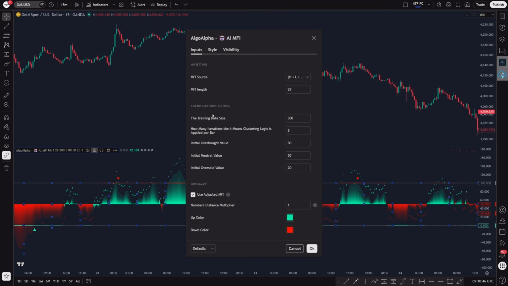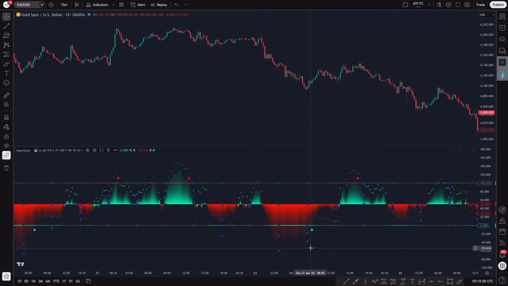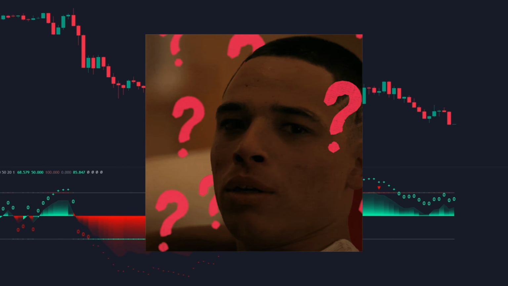The setting that is most relevant was the MFI length. Default is 14, but I moved it to 29, which extends the look-back window and makes the reading less sensitive to single bar spikes. Now, what kind of results can we expect?